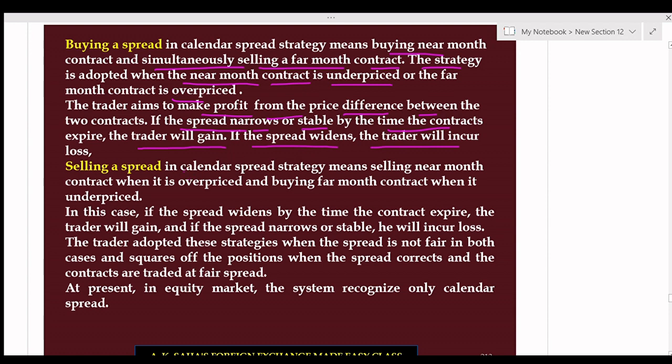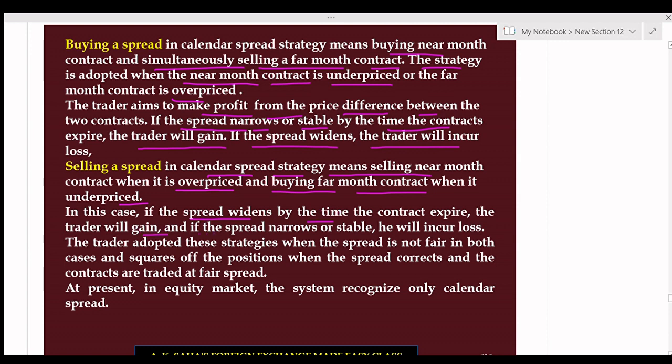Now comes selling a spread. In a calendar spread strategy, it means selling the near month contract when it is overpriced and buying the far month contract when it is underpriced. In this case, if the spread widens by the time the contract expires, the trader will gain.